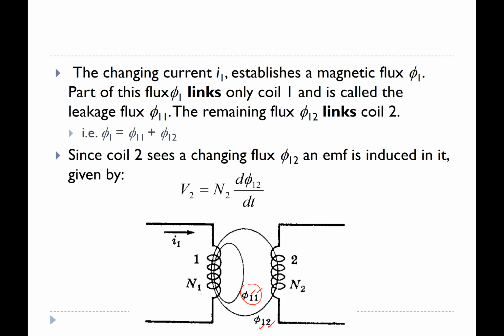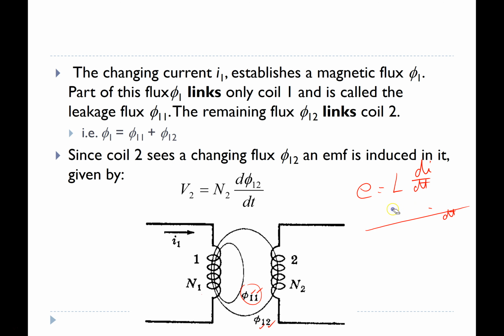So the voltage, if you remember self-inductance, E is equal to L di/dt, or E is equal to N d phi/dt, which is the same as d lambda/dt. If you remember this, all the flux here for self-inductance was linking the coil because it was the flux generated by the coil.